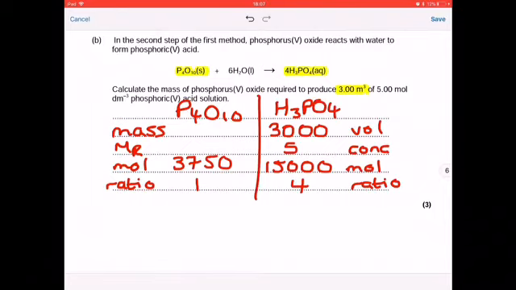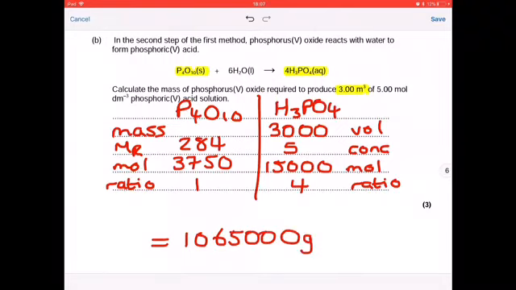That gives you an MR of 284, and therefore if you multiply moles and MR together, that should give you mass. And the mass that you should get is 1,065,000 grams.